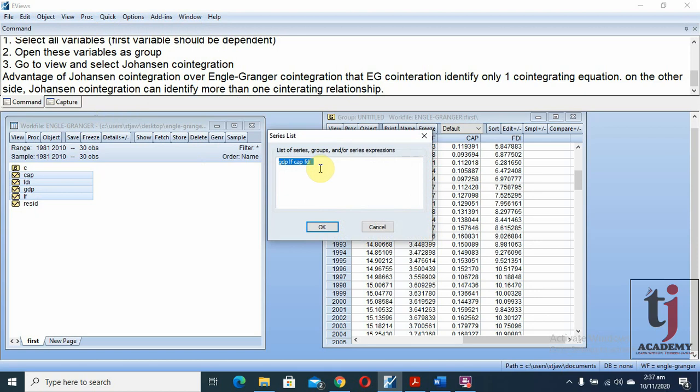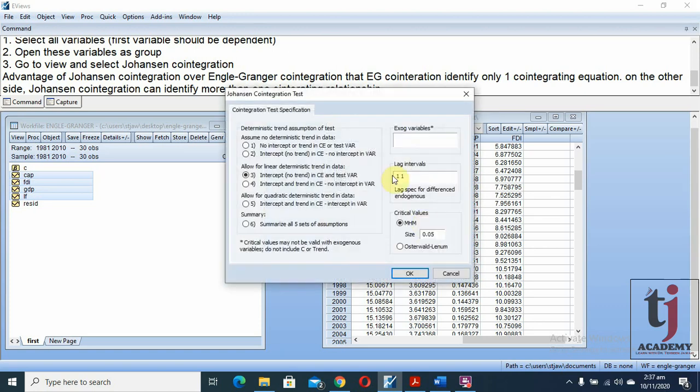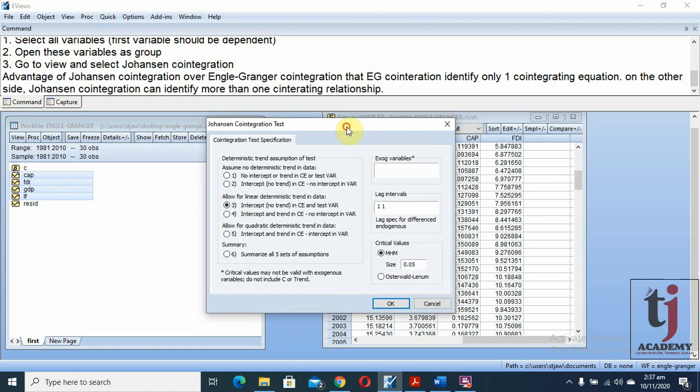Here you will have to write the variables. If you select all variables like this, they appear here: GDP, labor force, capital and FDI. The first variable should be the dependent one. Then if we press OK, we will get the same window.